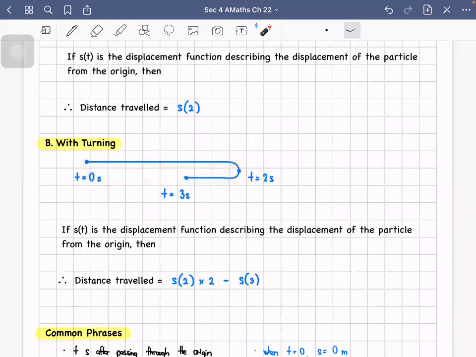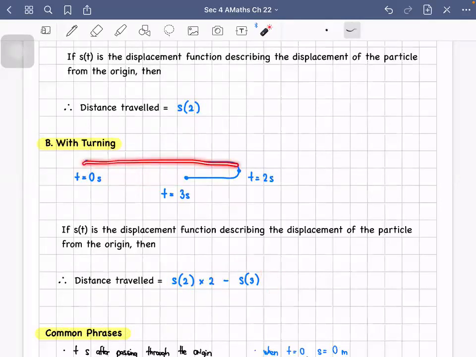And then why do you have to subtract S of 3? Because this part is missing. So basically, this is the function of S of 3, so you need to subtract this. That's the reason you have this minus S of 3.